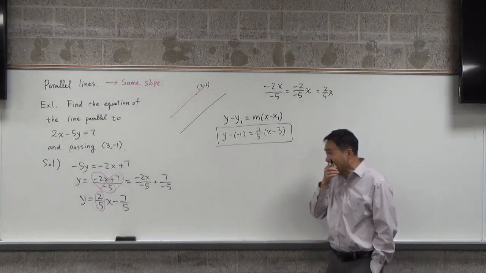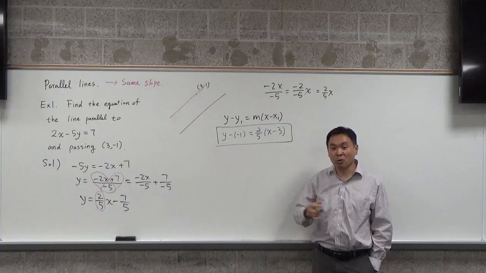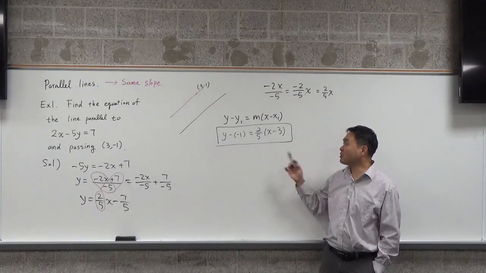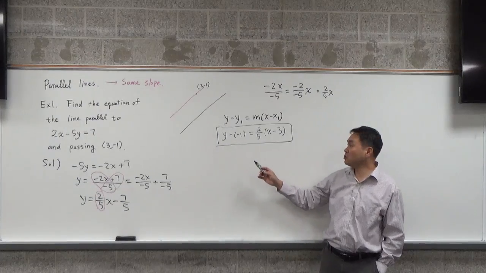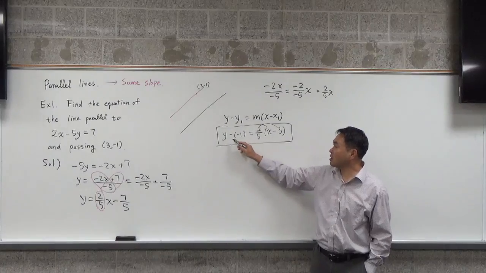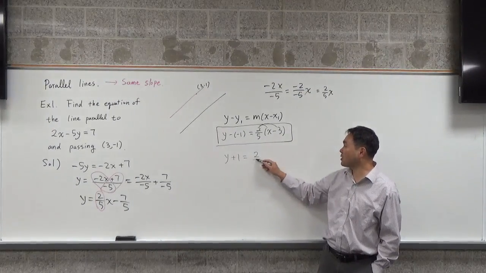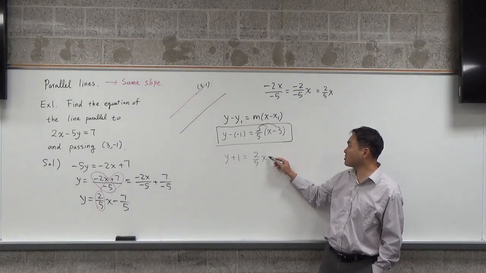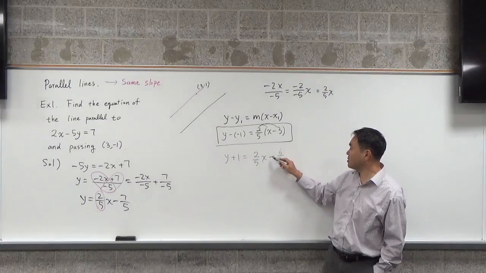Now, I do this slightly differently. Most professors, and even your online homework, are going to ask you to go further. You have to go further by multiplying this out, changing this to y plus 1 equals 2 over 5 times x, and then 3 times 2 is 6, so it's 6 over 5.